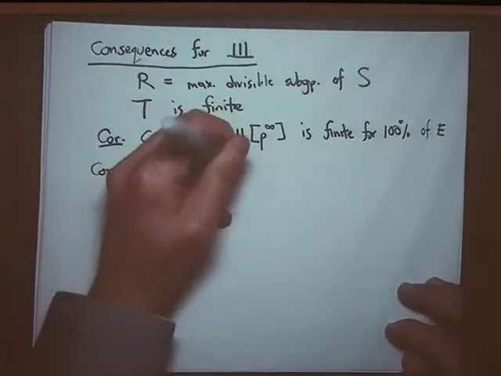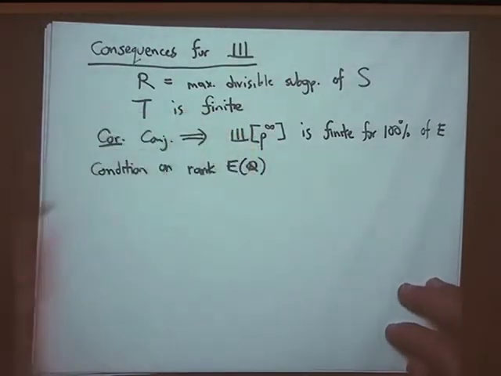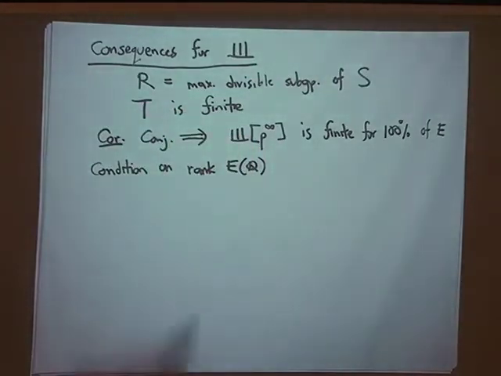Maybe it's even worth saying that the Tate-Shafarevich group itself is almost as if it's a different group depending on what the rank of the elliptic curve is. It almost acts like a different kind of group.